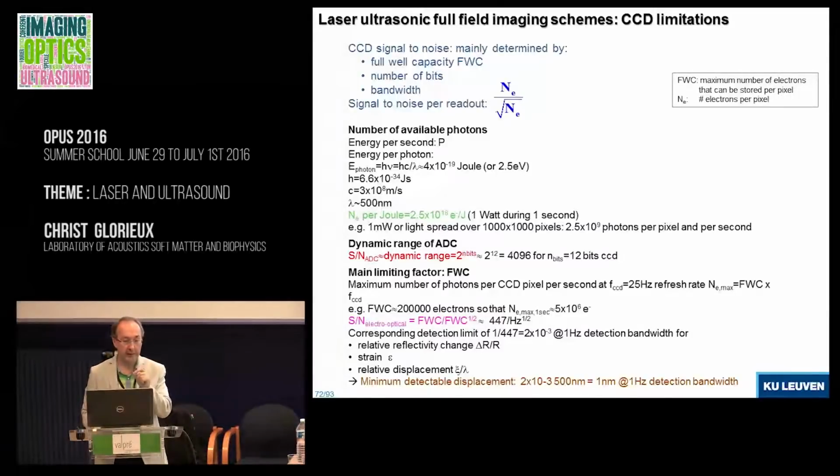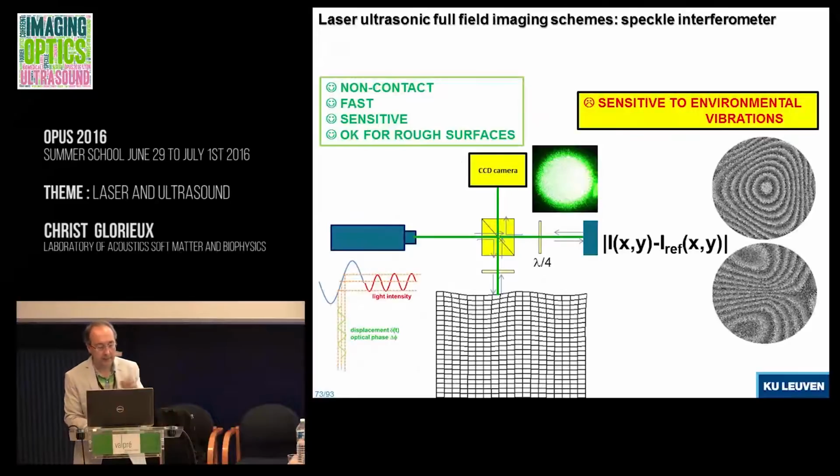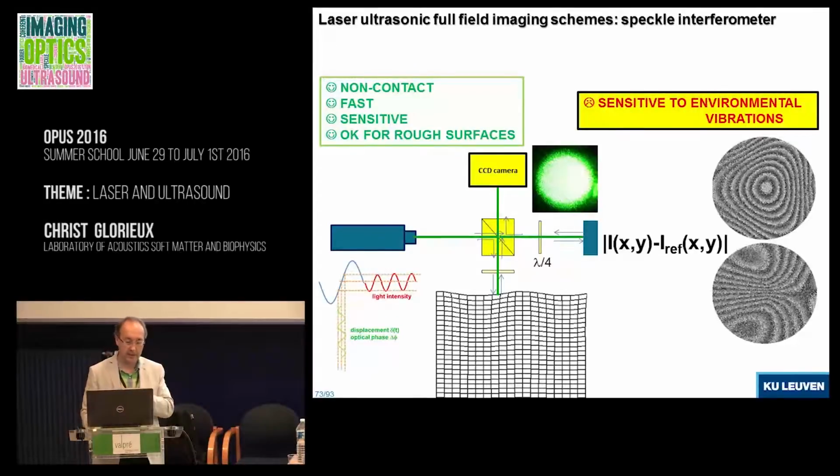But if you have a change of intensity of 10 minus 6, this will be a part of an electron, which cannot be measured. So the limiting factor of CCD cameras is the so-called full well capacity, the amount of electrons that can be stored on a pixel. So okay, that's a limitation, but nevertheless, in some cases, things can be detected.